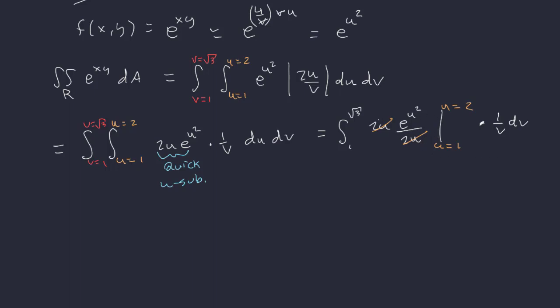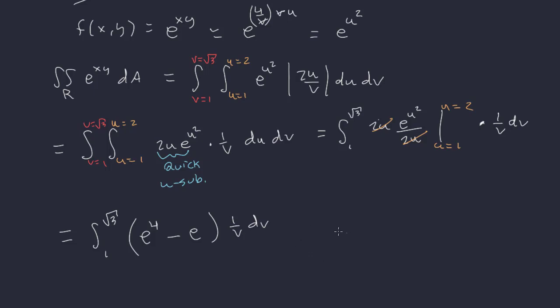We could put it in, we could not; it's not going to really change our work. So this will be e to the 4th minus e to the 1, so e to the 4th minus e, times 1 over v dv.